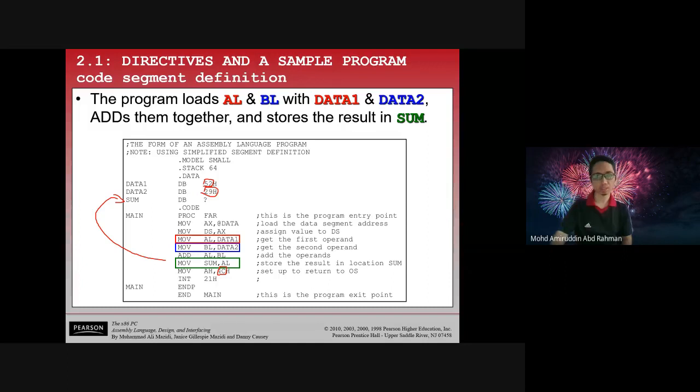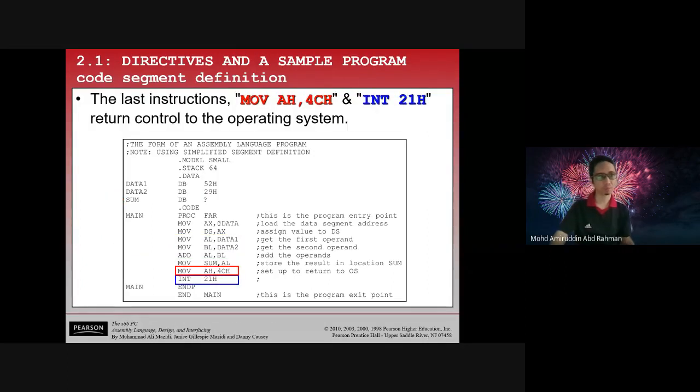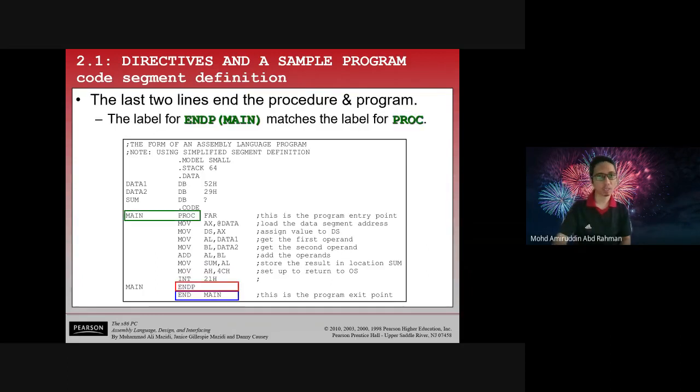So that's the instruction that we gave to the program. And then over here, after that we put the interrupt. When we interrupt, we end the procedure, and later we end the program.